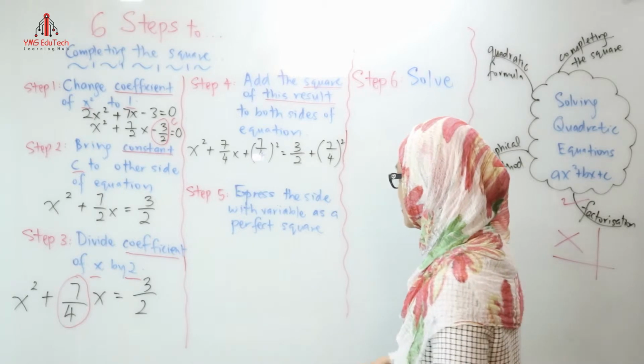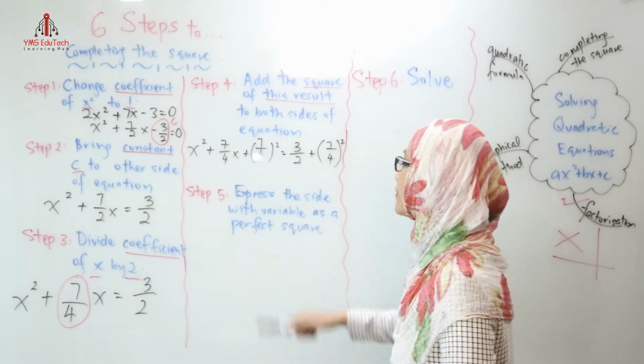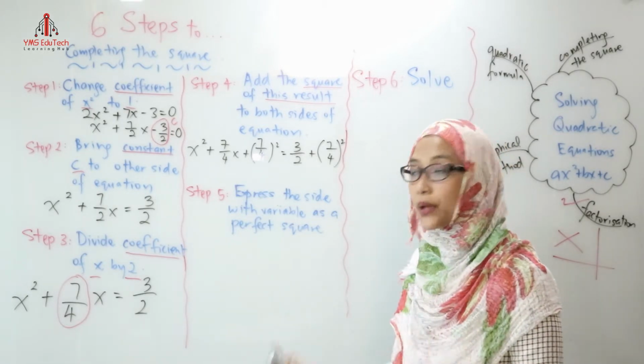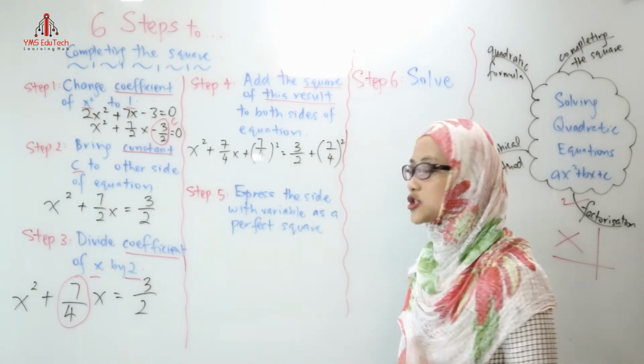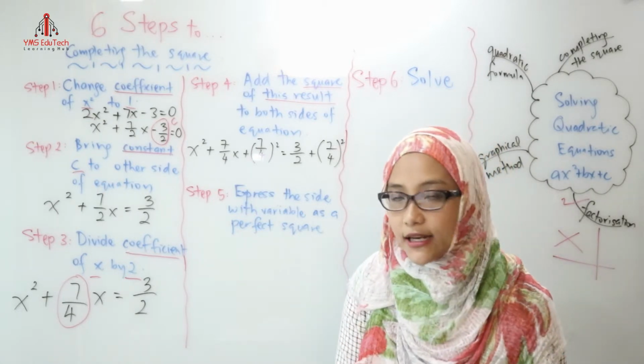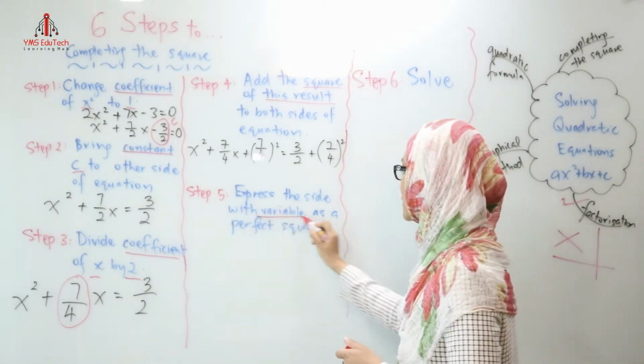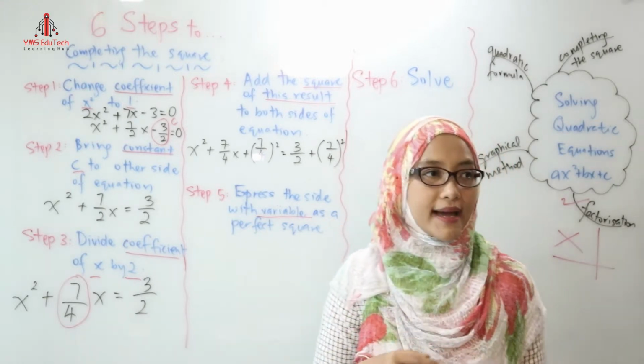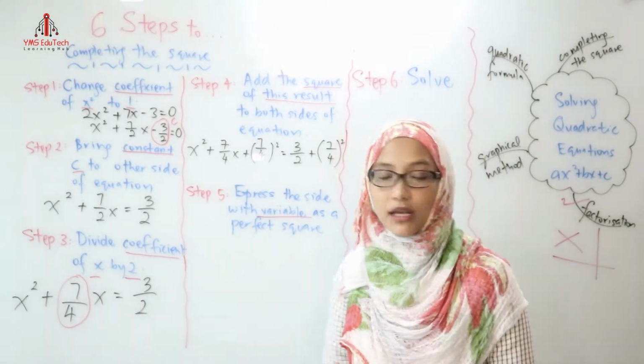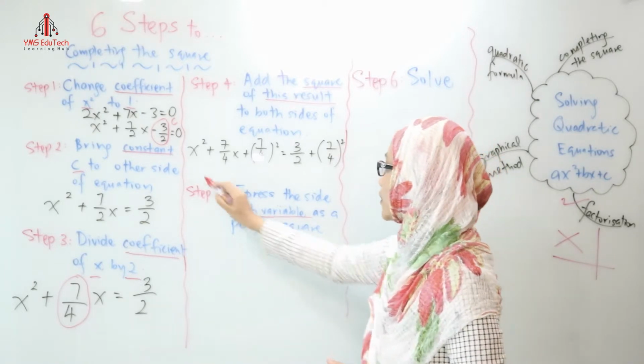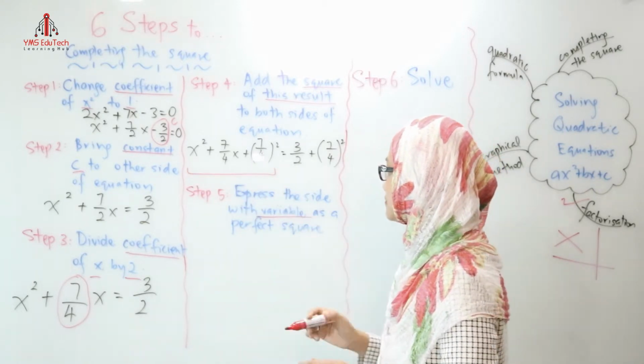And lastly, step 5, express the side with variable as a perfect square. So we need to identify which side contains variable. So variables are x squared and x. So that means it is our left hand side. What do we need to do?